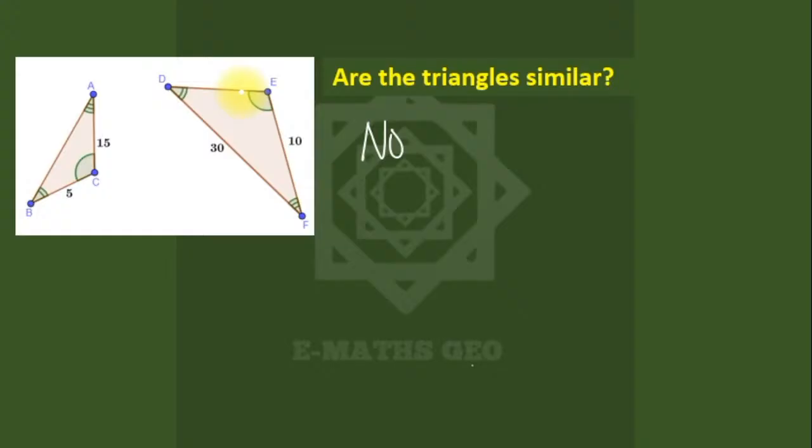See, it's not the same. It's here. It's not an included angle. Here is an included angle, but it's not here. So the answer is no. Incomplete. We can't determine. So the best answer is no. So don't make that mistake.